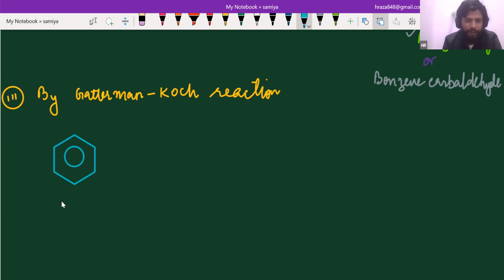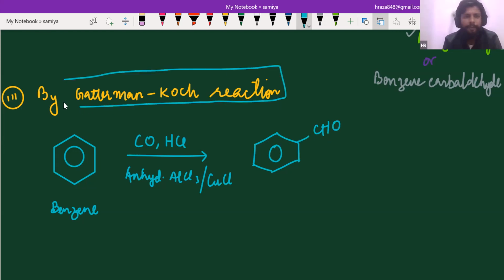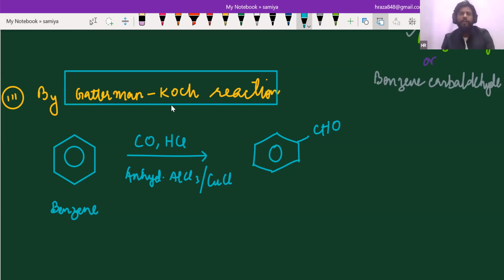This is your benzene, and if you are going to use carbon monoxide in the presence of HCl and anhydrous AlCl3, or either you can use CuCl, then it will be directly converted into benzaldehyde. This is a name reaction which is very important.